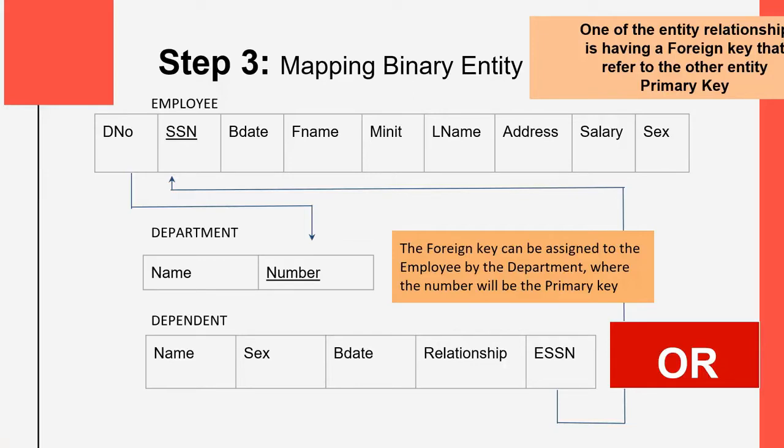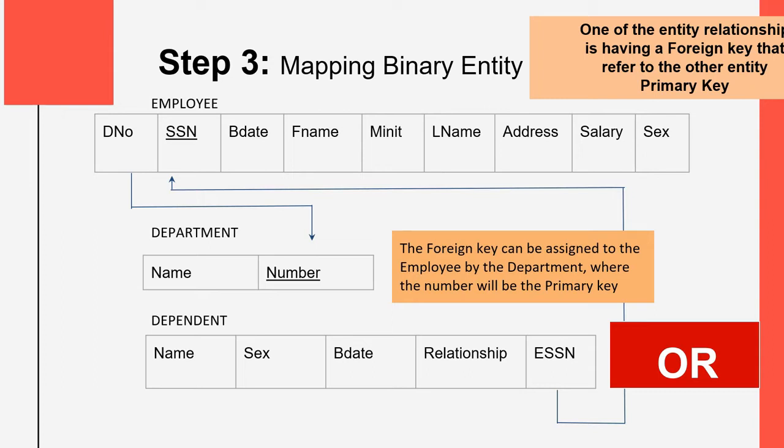To apply this approach, we have a foreign key that refers to the other entity's primary key. So we have the employee and department as the corresponding entities.